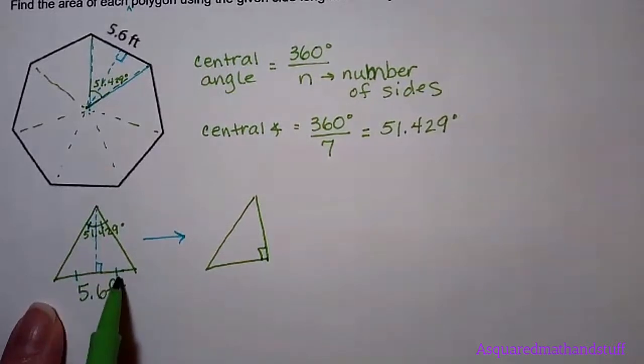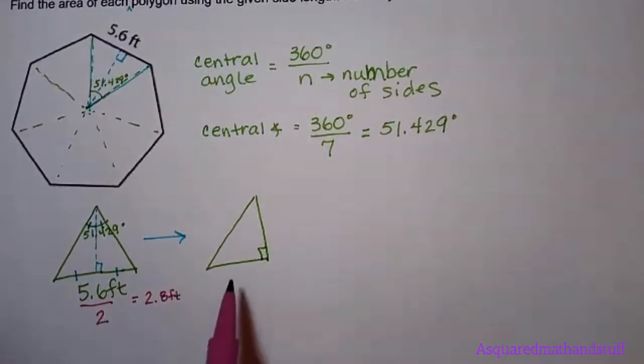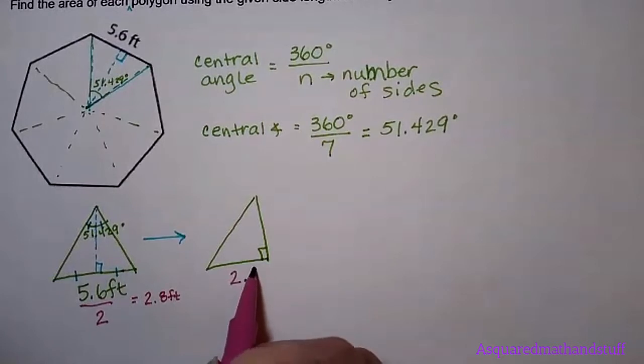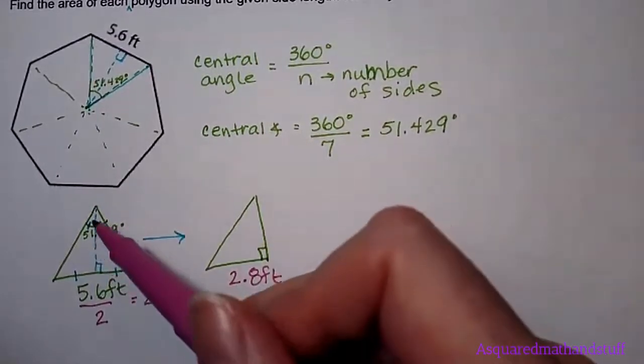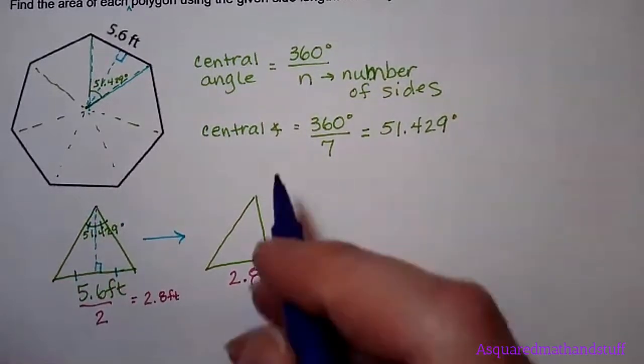Dropping that height allowed us to split the 5.6 in half. So if I take 5.6 and I divide that by 2, I get 2.8. So we're actually looking at 2.8 feet for our base. We aren't able to figure out the height. The height is still an unknown factor to us.